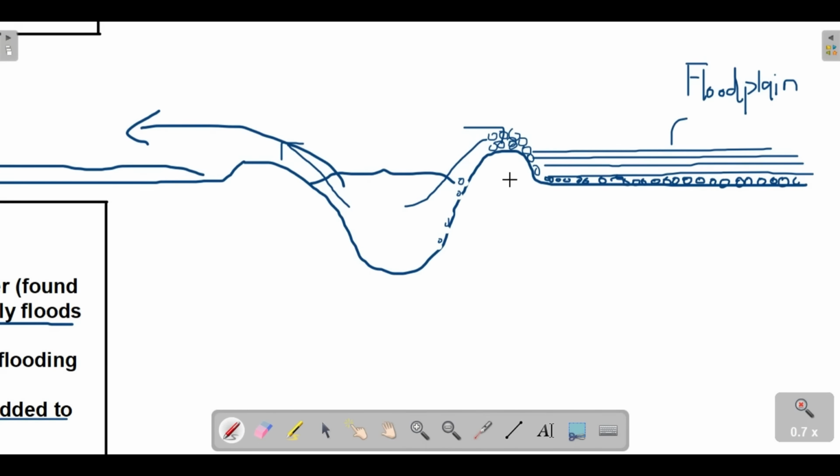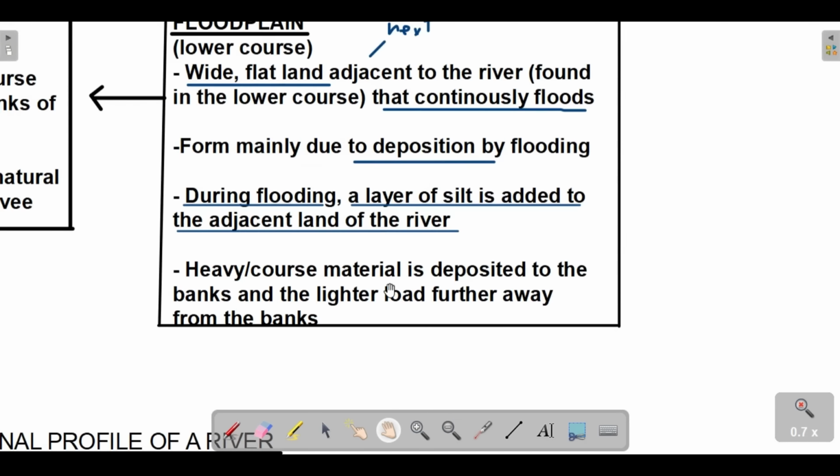We talked about banks, which we said is the ground on the edge of a river. So you'd find the coarse or heavy material right next to the river, and the fine or lighter material away from the river. Those layers of silt will eventually become what we call a floodplain.